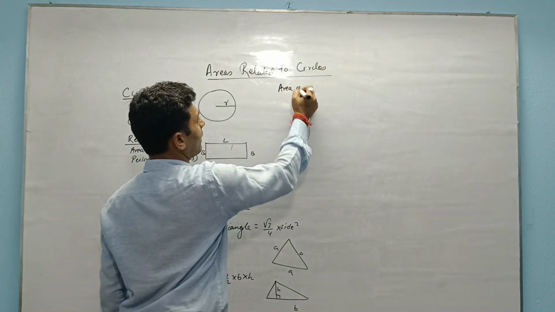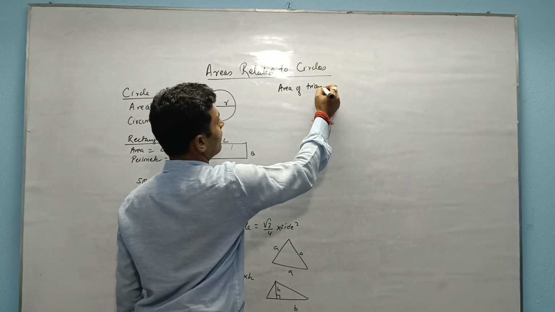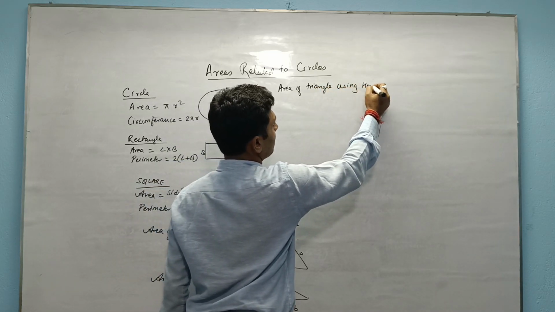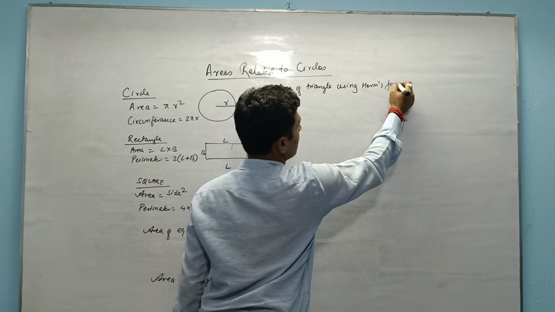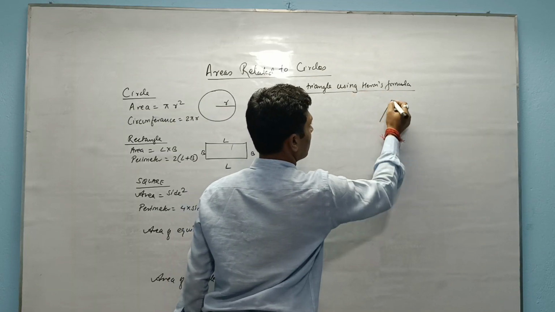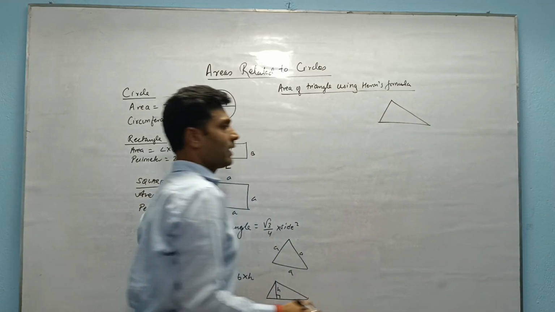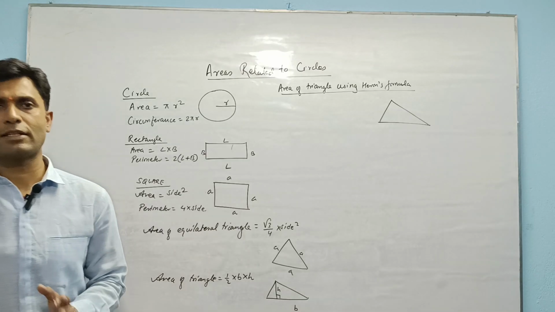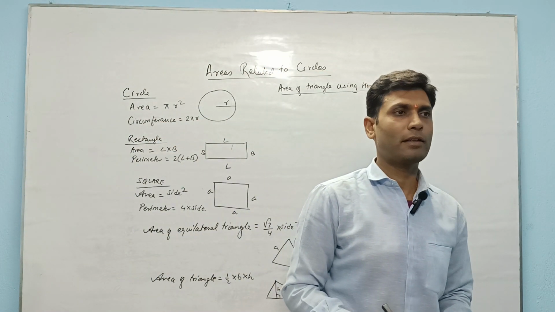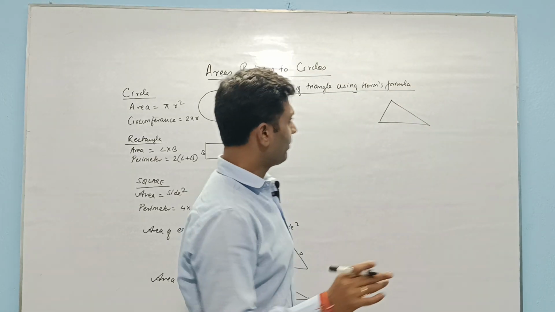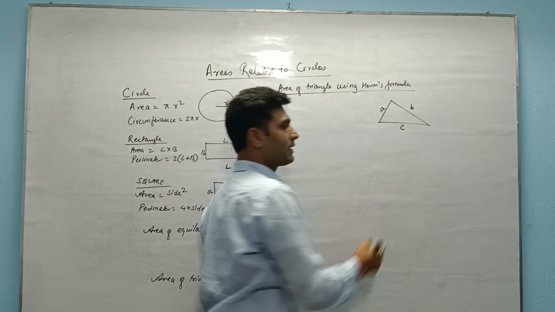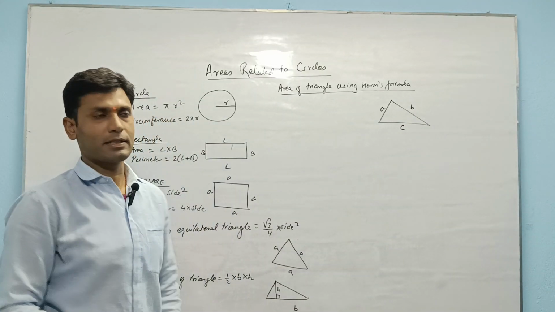So area of triangle using Heron's formula. So in this Heron's formula, see, the length of the sides has to be given, right? The length of all the sides of the triangle has to be given. So we'll take this length of the sides as A, B and C.